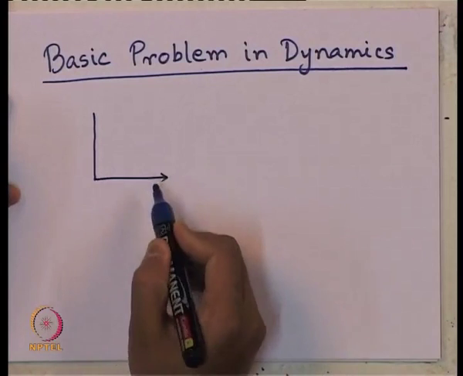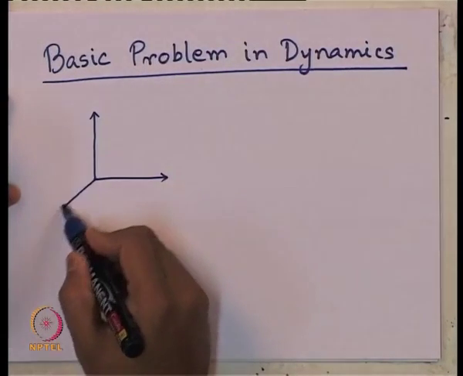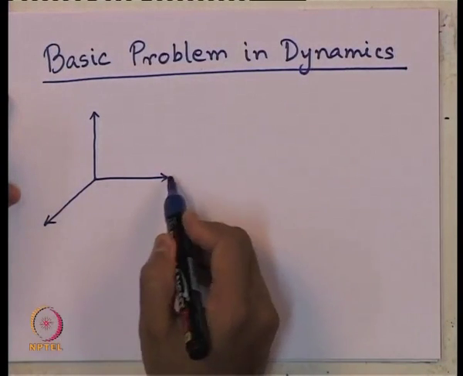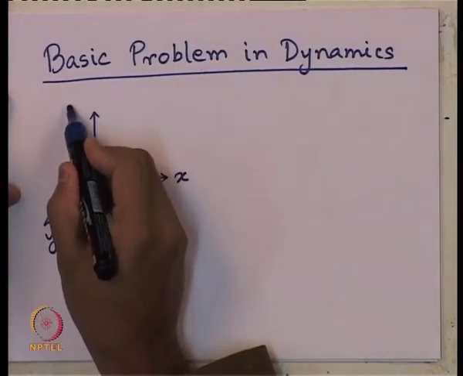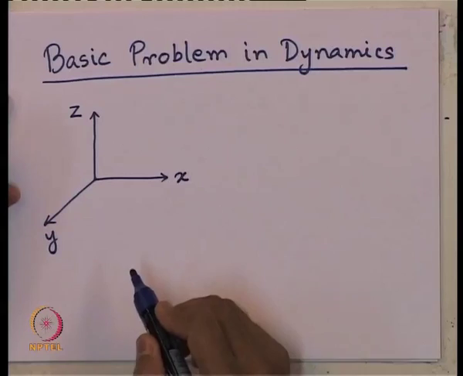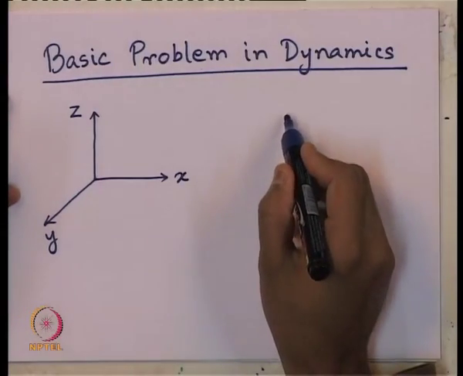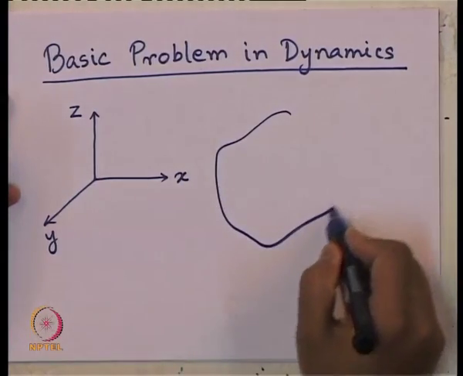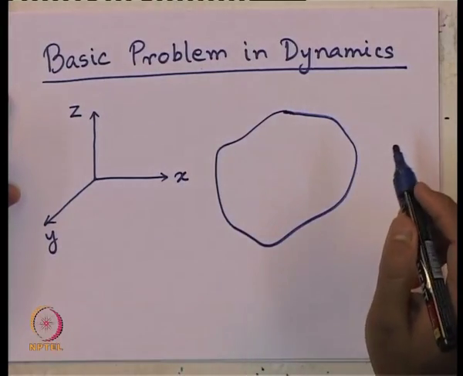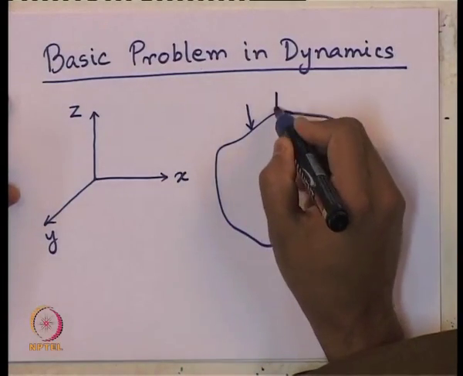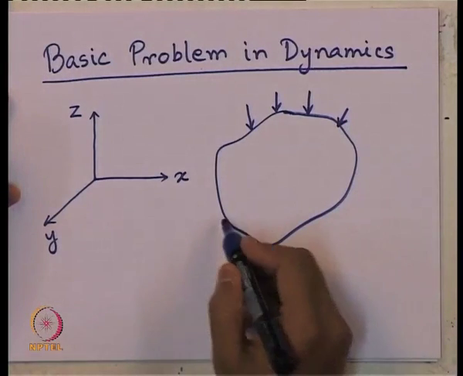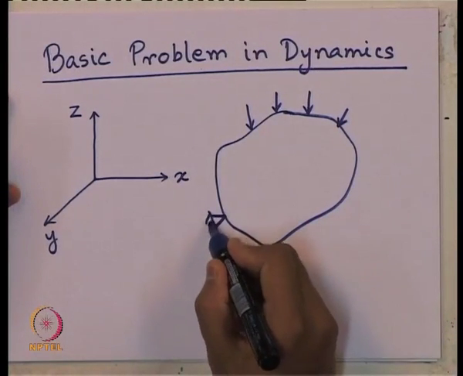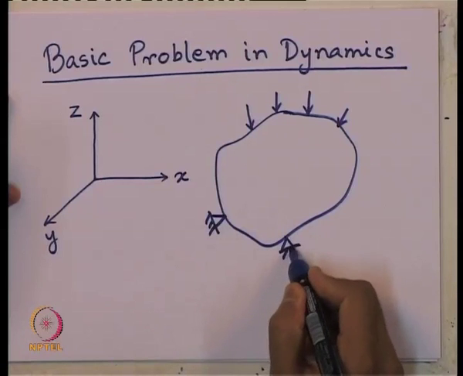Suppose we have an axis system in space, where we generally consider a 3-dimensional case of x, y, z coordinate system, 3 orthogonal coordinate system, and we take any rigid body subjected to various types of loading and support conditions.